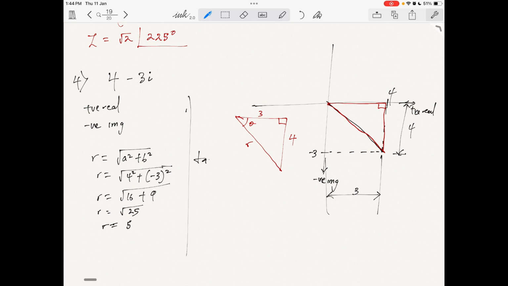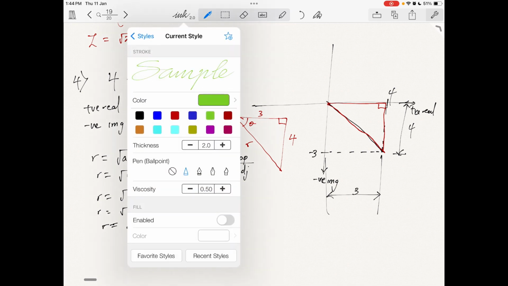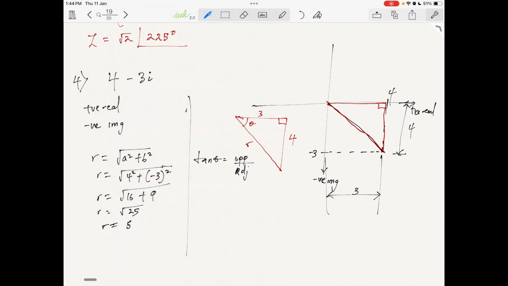Now with that done, we can evaluate our tan theta. Tan theta is opposite over adjacent. Now, what side is facing the angle theta? This is the opposite here. So the 3 is the opposite and the 4 is the adjacent.